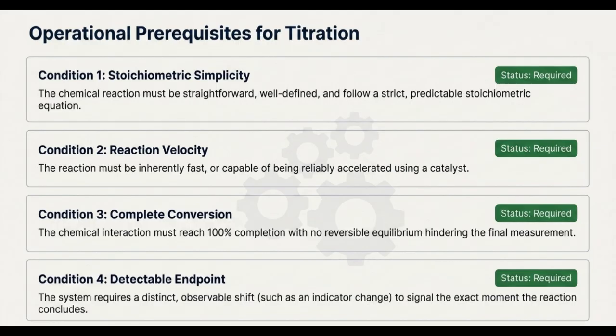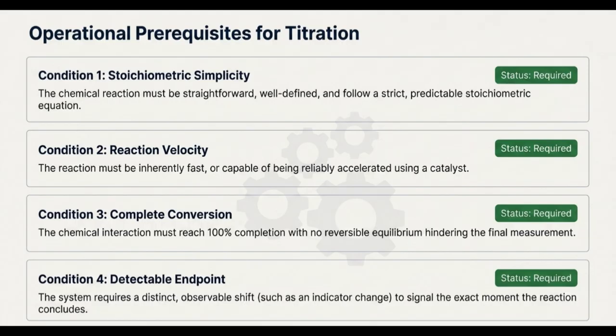For titration to work correctly, 4 conditions must be met without exception. First, the chemical reaction must be stoichiometrically simple, meaning it follows one clear and predictable equation with no side reactions. Second, the reaction must be inherently fast, or we must be able to accelerate it reliably using a catalyst.